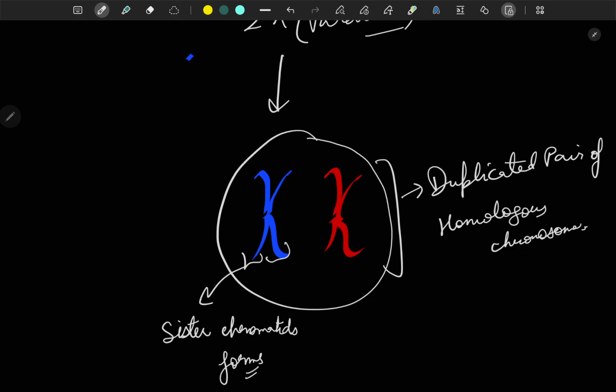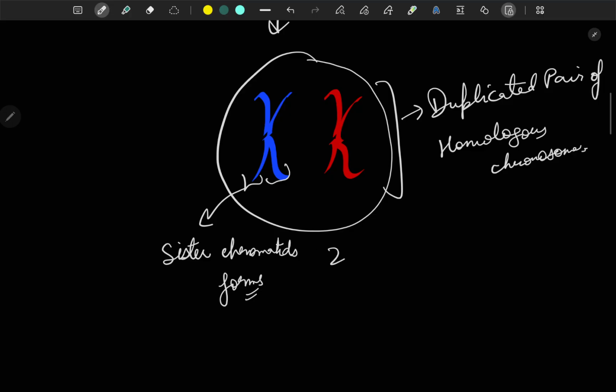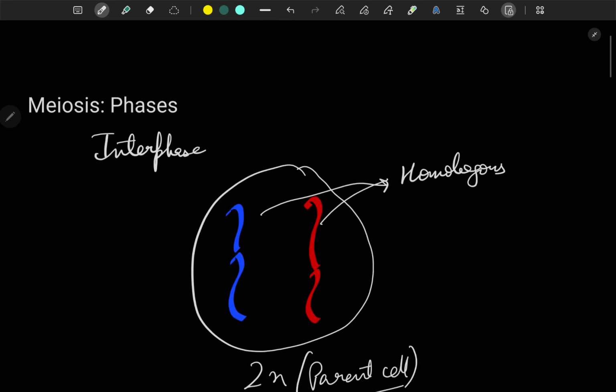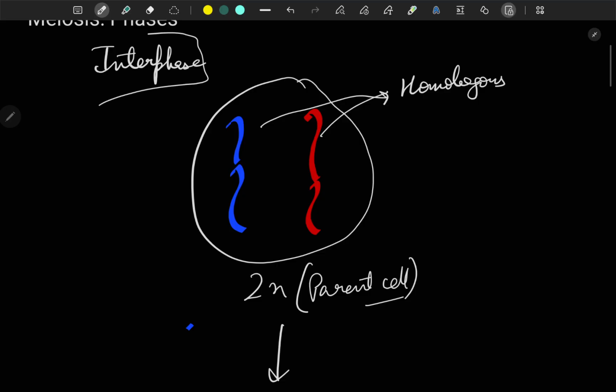Now it's still a parent cell. It is diploid in nature right now also, with duplicated chromosomes. Till this phase, it is termed as interphase.